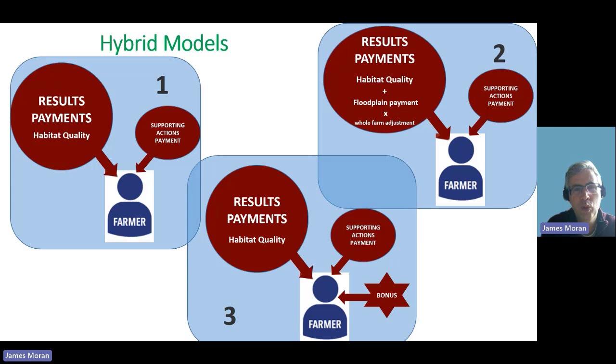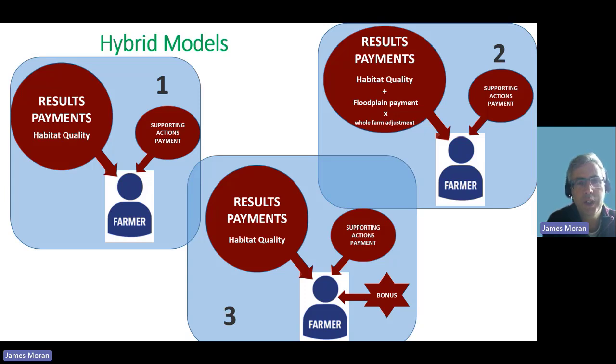Number two adds in a whole farm assessment or multiplier. This is particularly important in a water context. You can have a number of features on a farm, that I'll illustrate in a minute, that can be of very high quality, resulting in high payments, but you can have some sacrifice areas that will be leading to issues for water quality, for example. So when you have water quality as a particular target, you often need to make sure that the whole farm is performing to a certain basic standard.